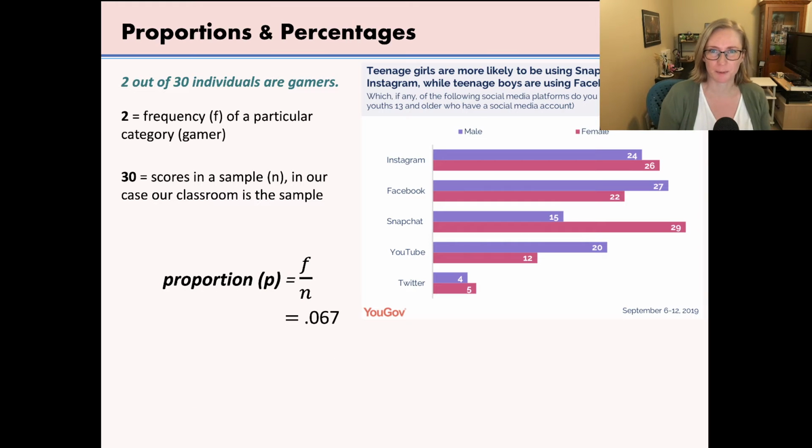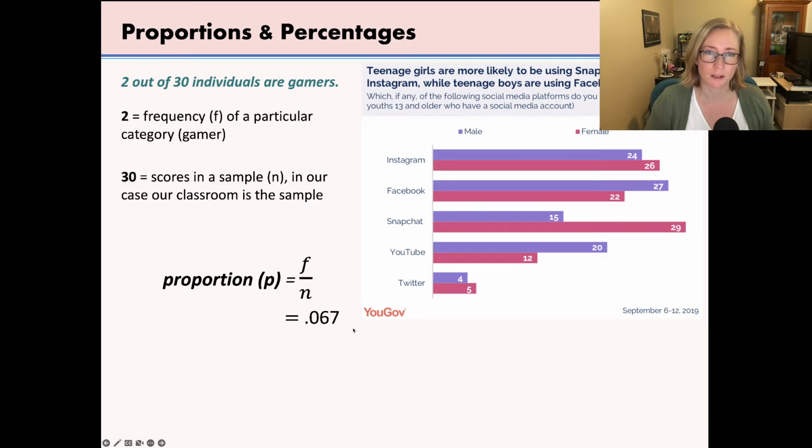So if you want to calculate the proportion, you do the frequency of that category you're interested in over the entire sample, and that gives you the proportion, right? So in our case, it would be, let me just do it really quick, 4 divided by 17. 4 divided by 17 is about 24. It's pretty good. So 0.24. This estimate is 0.067.